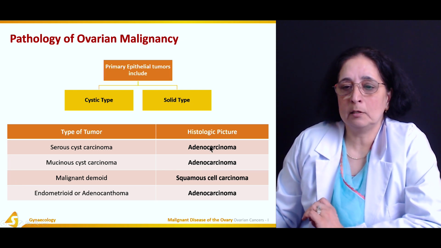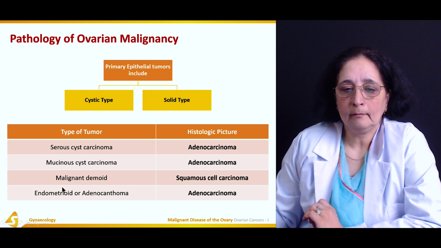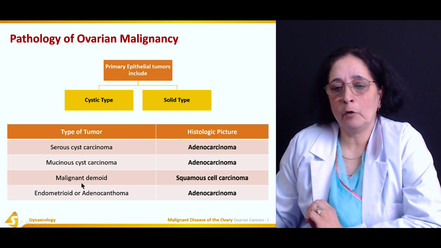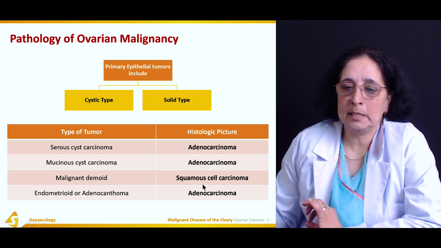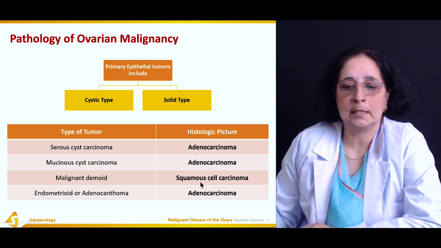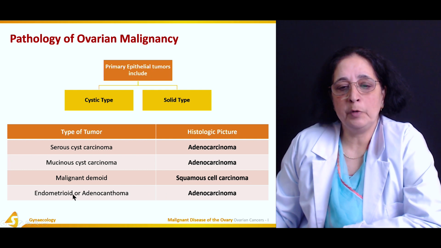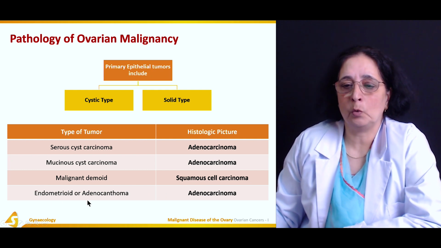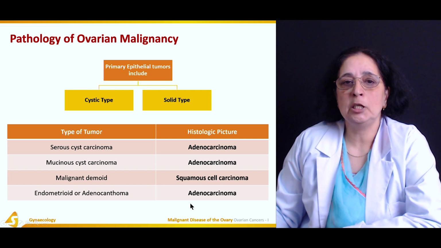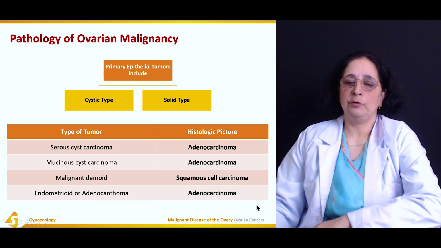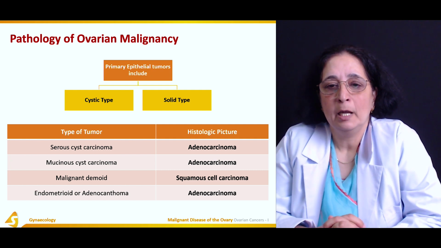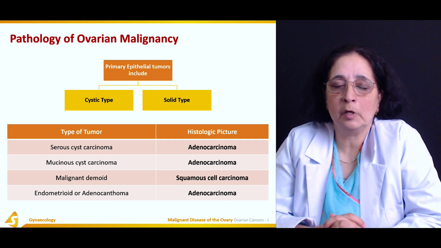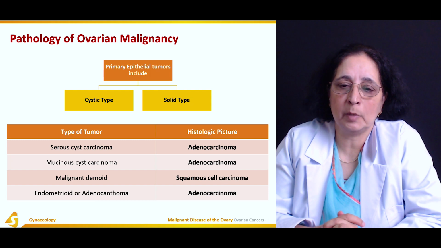adenocarcinoma on histologic picture. In malignant dermoid type, there is squamous cell carcinoma. Squamous cells are involved in this type. And then in endometrioid or adenocanthoma, it is also adenocarcinoma. So the histologic picture mainly in the primary epithelial tumor is adenocarcinoma type.